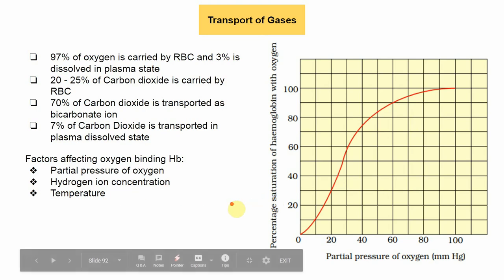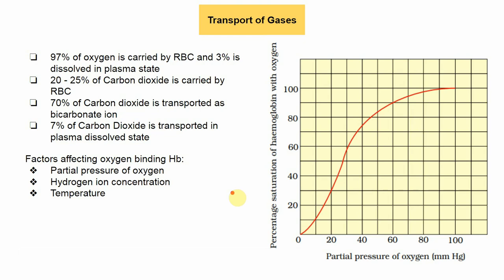So when the hydrogen ion concentration is more, when the temperature is also more, and when the partial pressure of oxygen is slightly less, oxygen is given up more easily, right? So the release of oxygen is more promoted in the higher hydrogen ion concentration, slightly higher temperature, and a lesser partial pressure of oxygen environment.